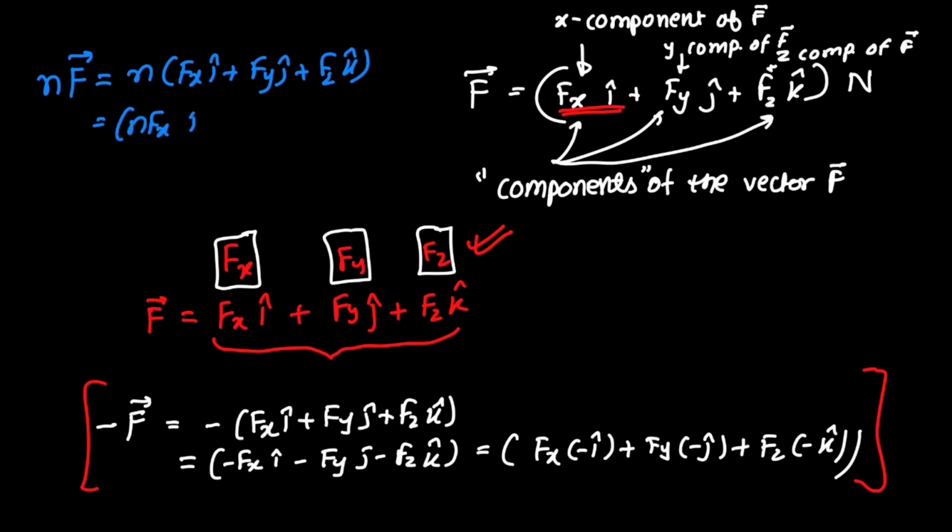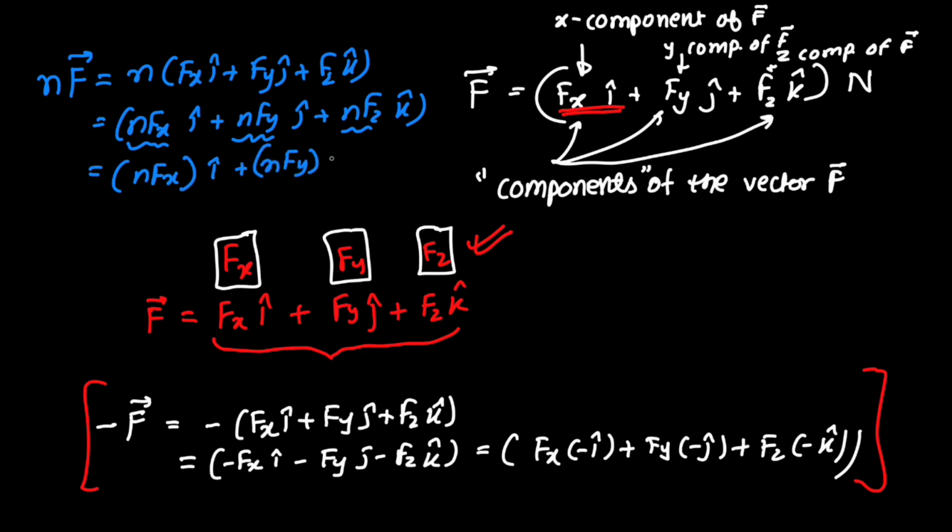Again you associate n fx i cap, n fy j cap, n fz k cap. But here, since n is a number, you associate it with the magnitude. You do not associate it with the directions. Therefore, the new x component will be n fx i cap, the new y component will be n fy, and the new z component will be n fz.